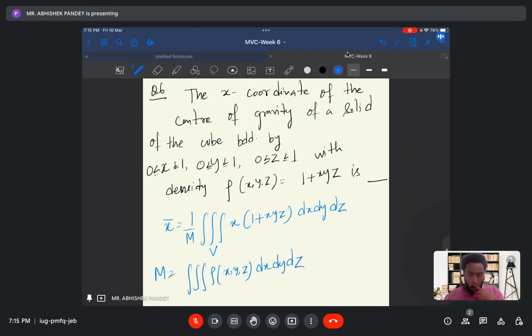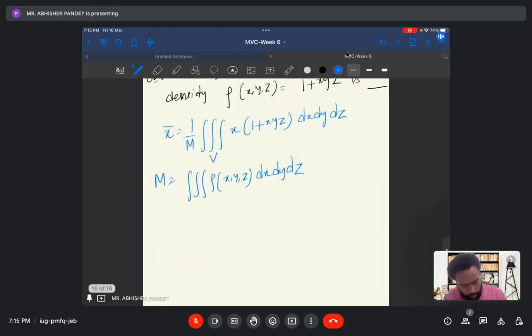Okay, so how to get this one? The mass will be, with the limits of x, y, z from 0 to 1, the integral of 1 plus x y z dx dy dz, which you will get as 9 by 8.